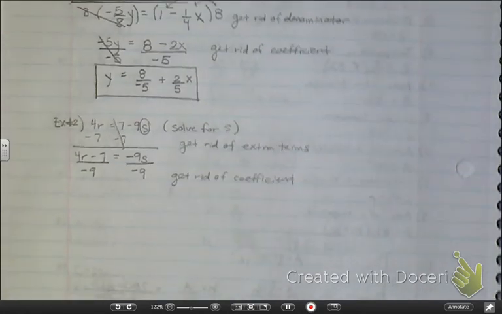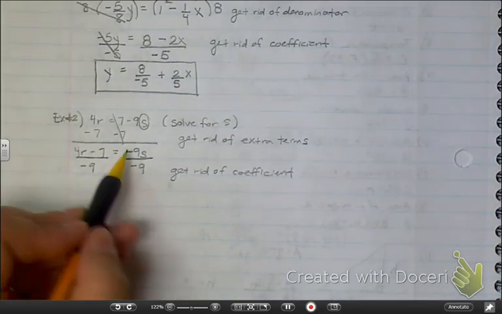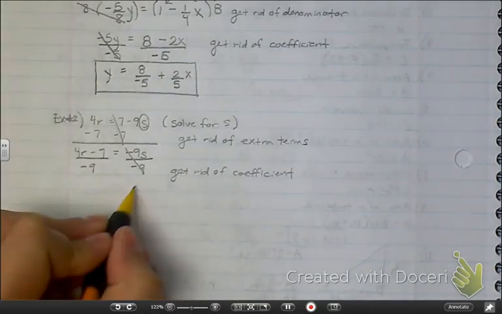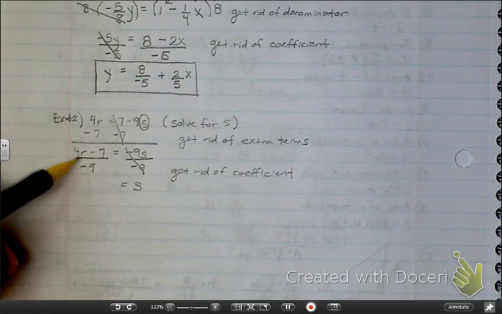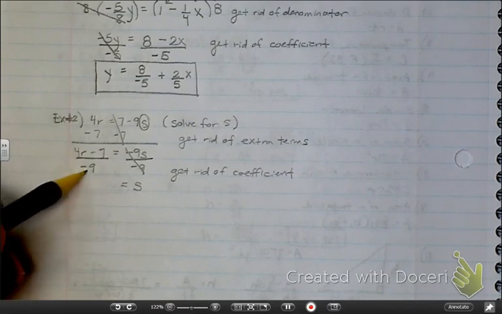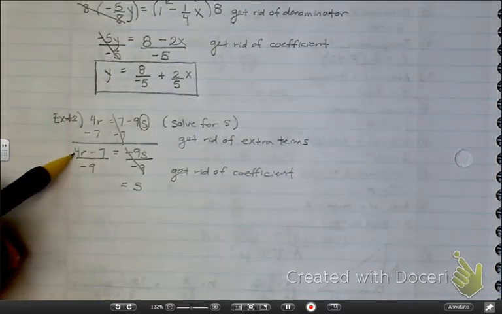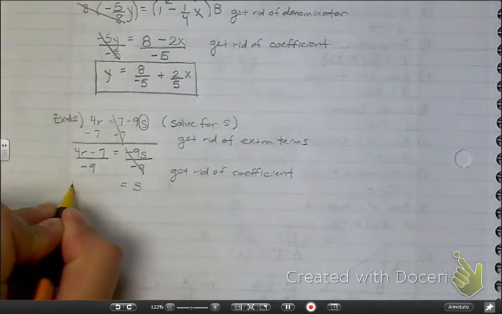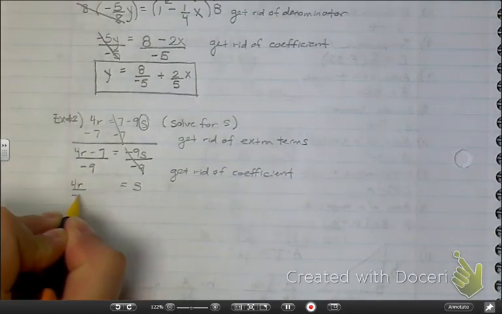All right, so let's simplify this side first because it's easy. Negative 9 divided by negative 9, those are multiplicative inverses, so those give 1, so we're just left with s. And then on the right-hand side, remember again, we need to have this negative 9 go to both of these terms. So 4 divided by 9, that doesn't simplify at all. So I'll keep it as 4r divided by negative 9.